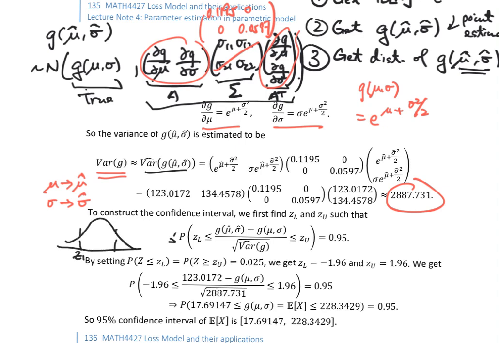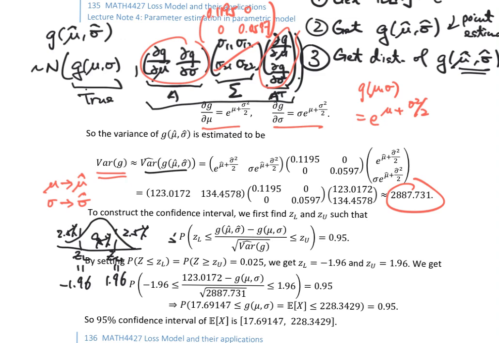95% in the middle, 2.5% on the left, 2.5% on the right. Using the normal distribution table, I guess it is not hard to obtain these two critical values.